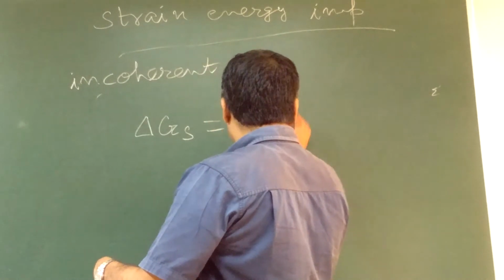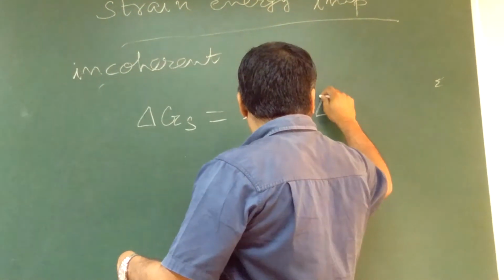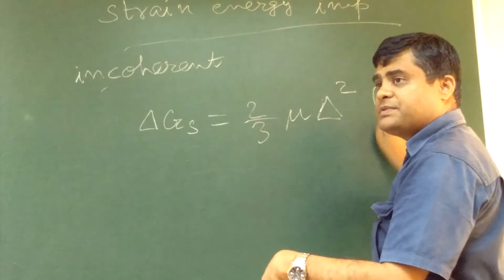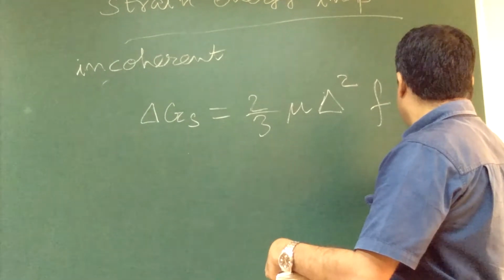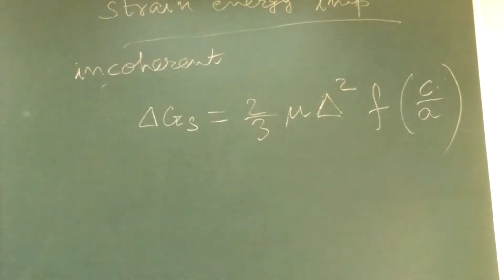Two-thirds? Do you remember? Do you have that? Function of C over A. So here I have written delta GS.